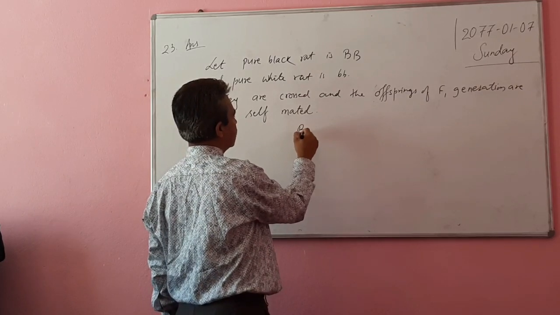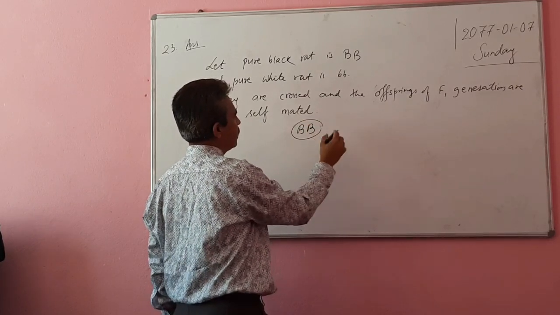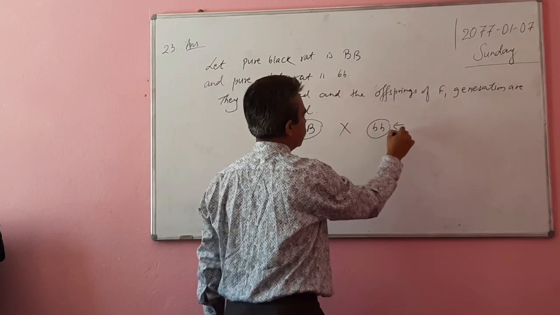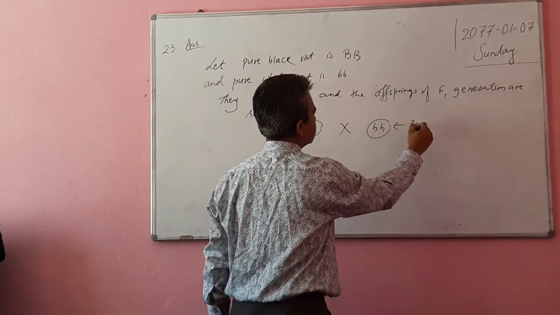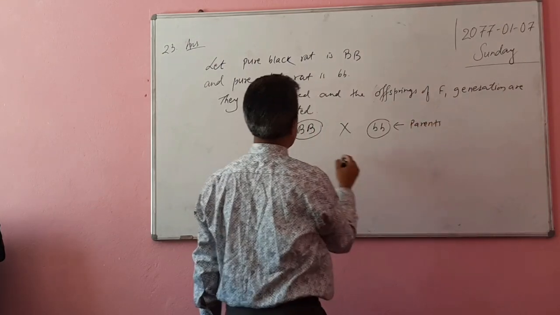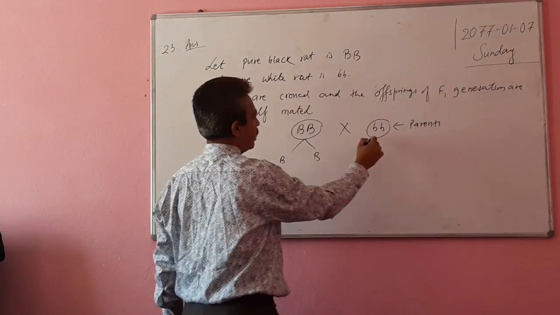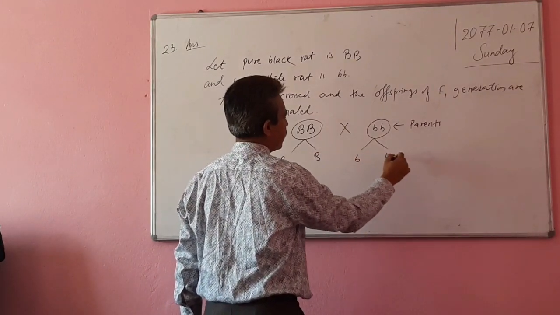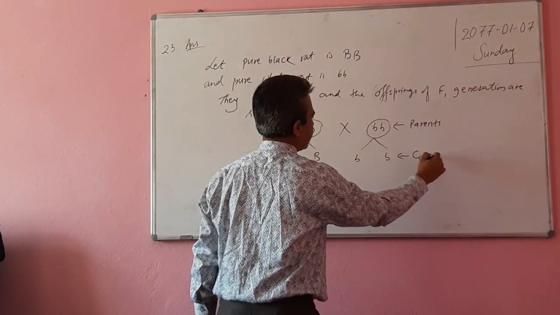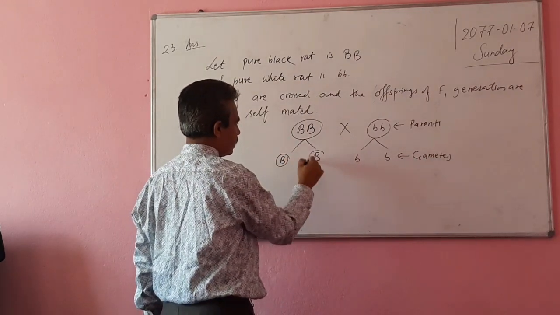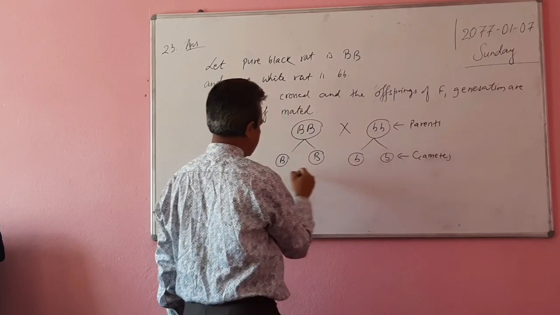The chart is like this: capital B, cross, small b. Who are they? Parents. Then we get here the gametes. Now cross. We do it like this, it's better.